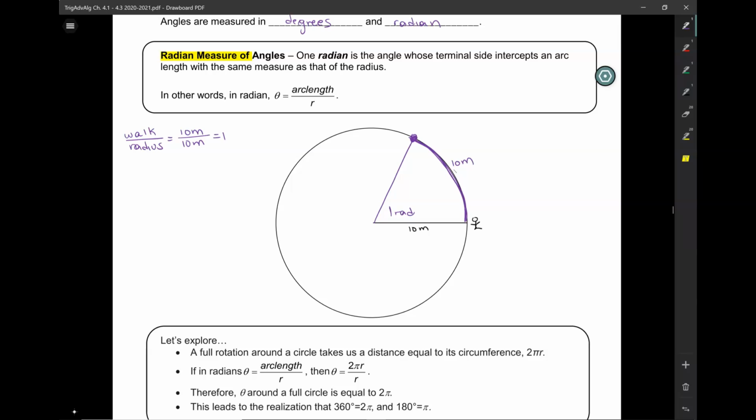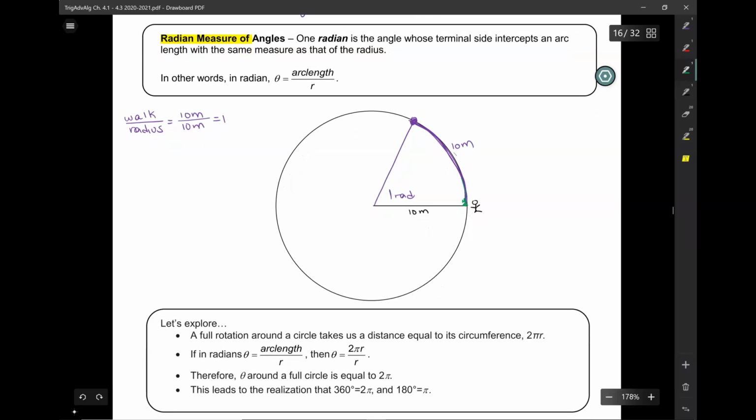If we continue, suppose you walked a total of 20 meters here. The angle you created is 20 meters divided by the radius, which is 10, so that's 2. That's 2 radians.